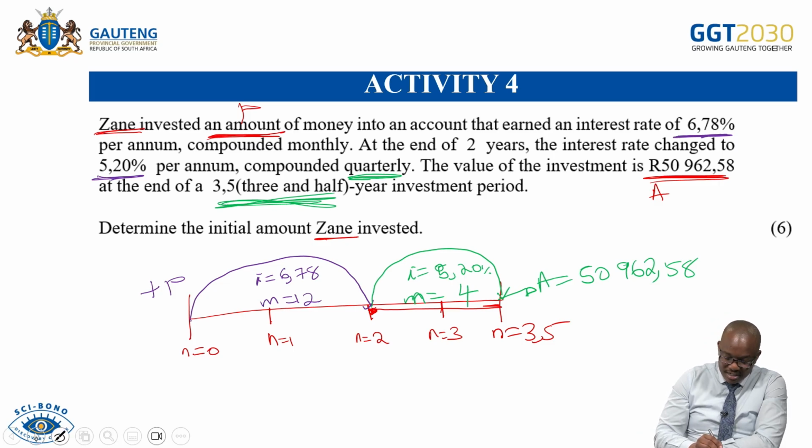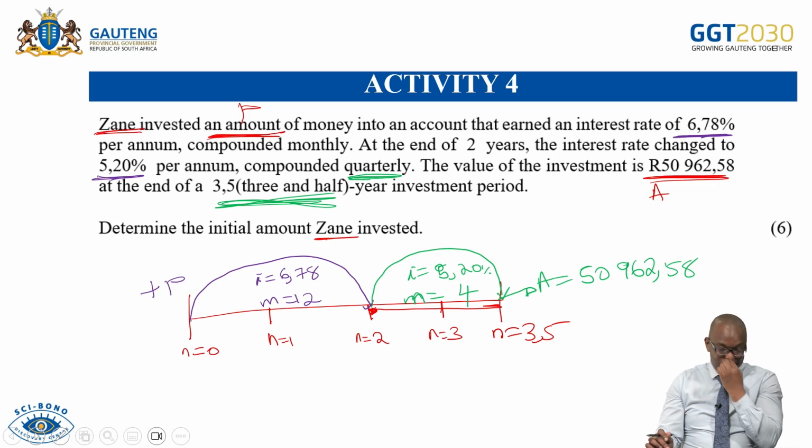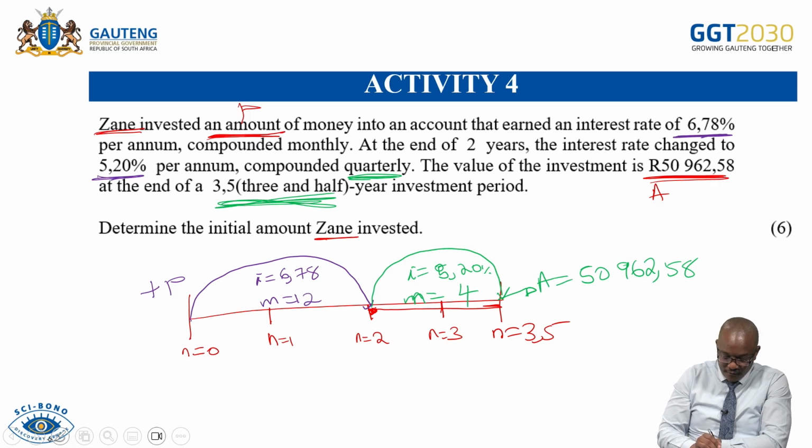So now the interest has changed to 5.20. If you divide that by 100 again, you are going to have 0.052.